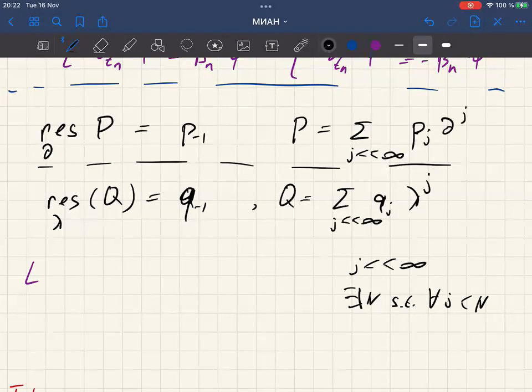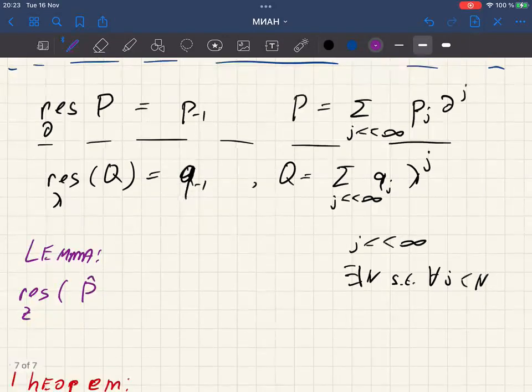Okay, now for the operators, let me write down a hat. Okay, lambda, it should be lambda.